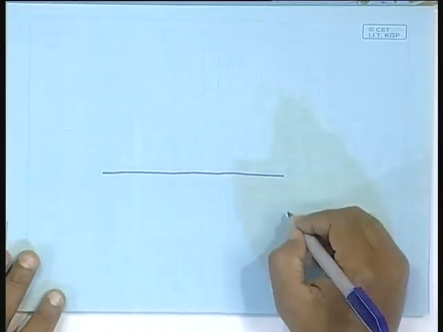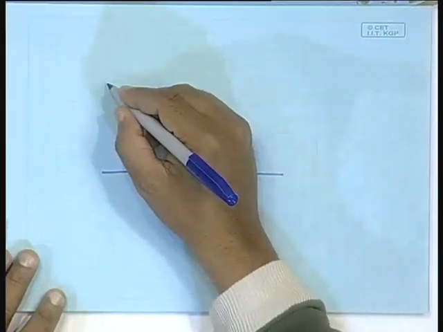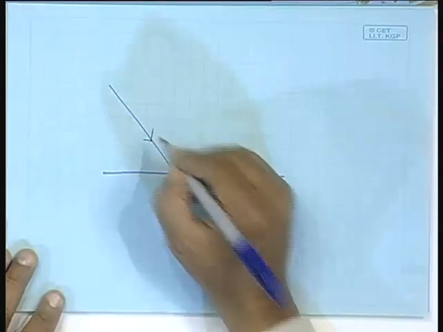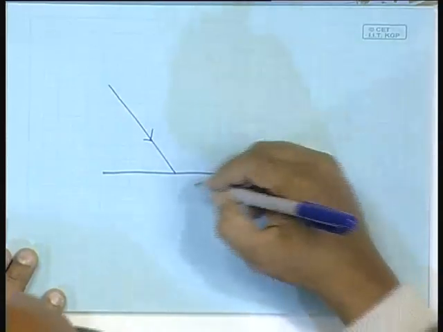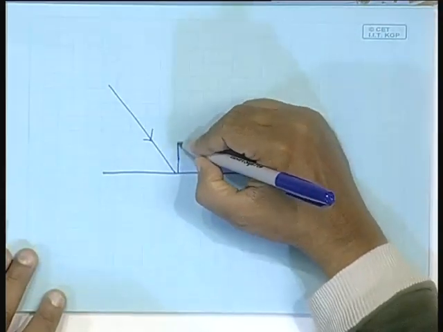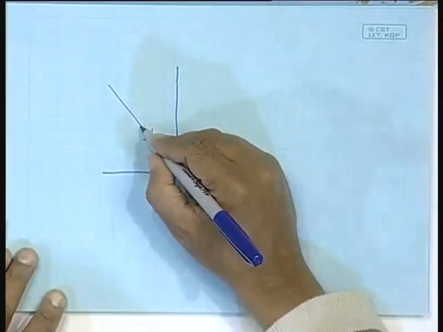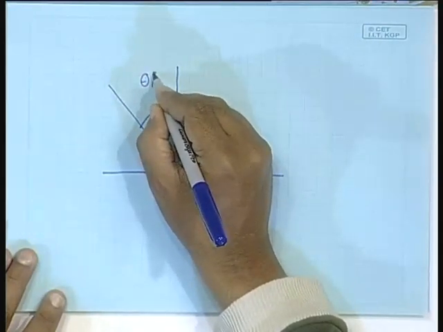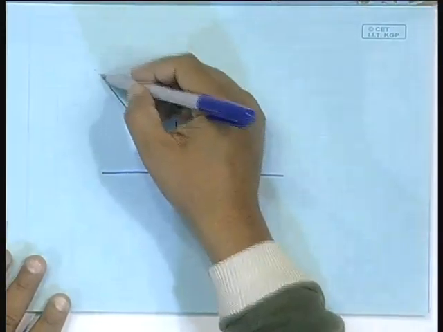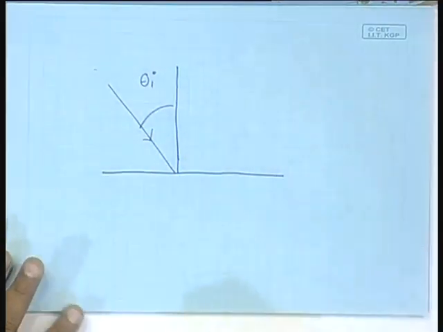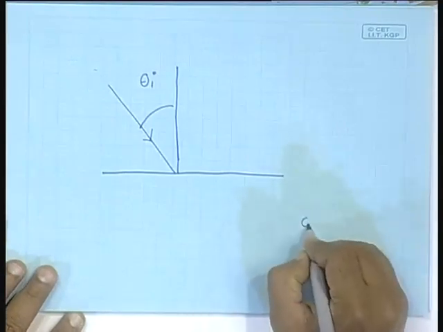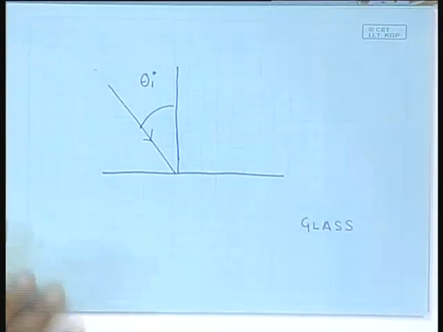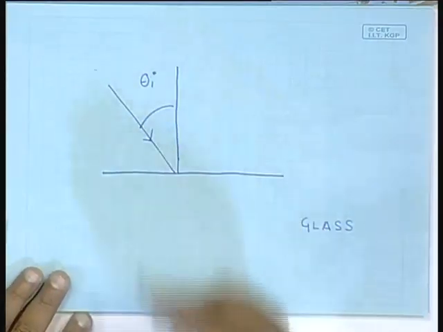Inside this is the dielectric medium and there is light incident on this at an angle of incidence theta I. So, there is light incident on a glass slab, or some other dielectric for that matter, at an angle of incidence theta I.